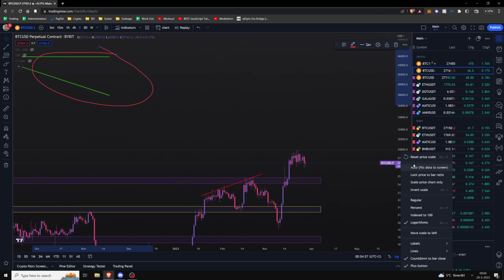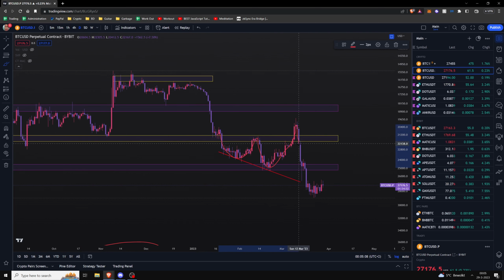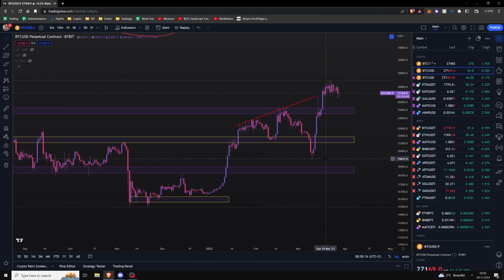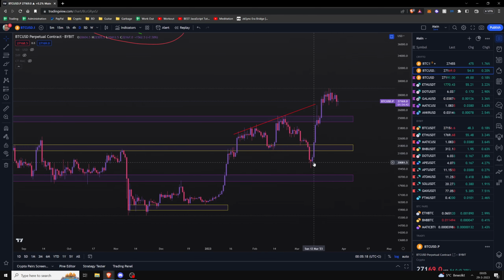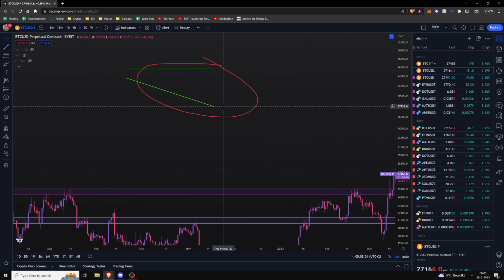If I flip the chart again and invert the scale, you can see exactly how that played out. In this case we did get a little bit of a breakout, but this was a fake out. It did play out to the downside, but it didn't go as far as one might look for. Granted, I still got in there. But yeah, this is a pattern playing out in real time.